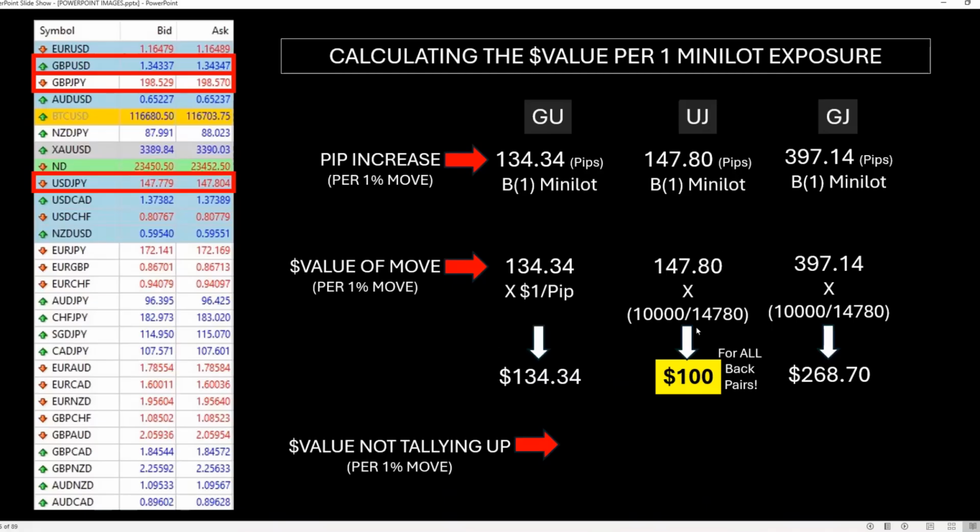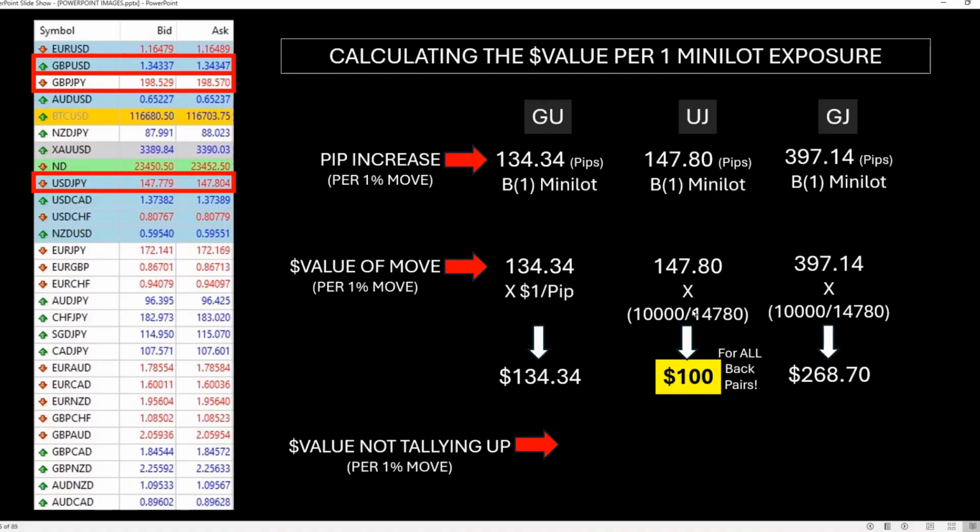This value will always, for all base pairs, whether it's UJ or otherwise, be $100, always. Because this and this will always cancel out. The numerator and the denominator will always be the same, just a few decimal places difference.